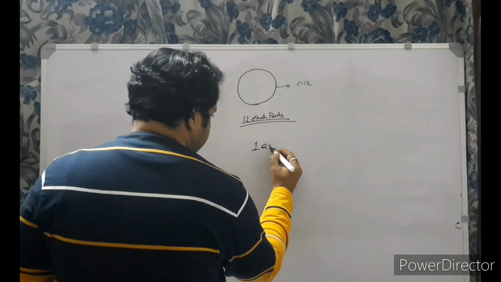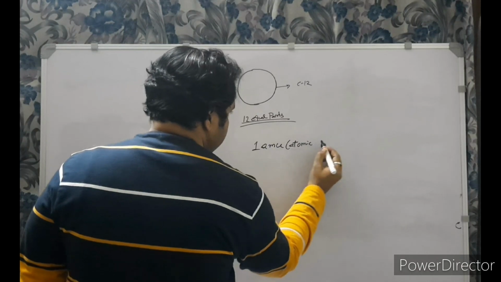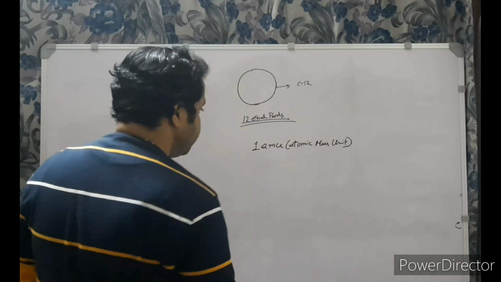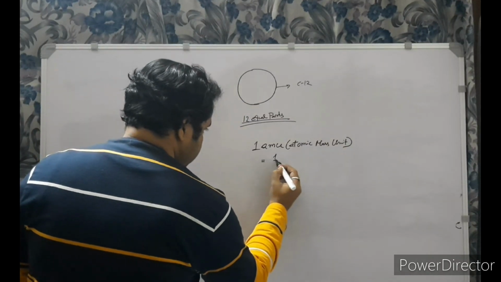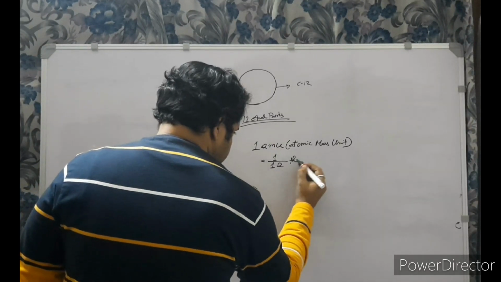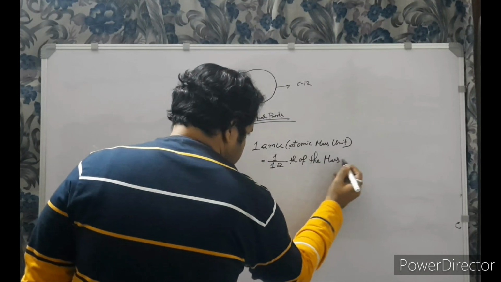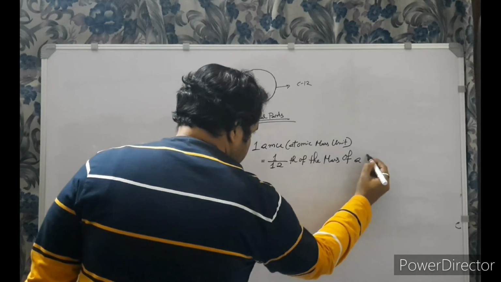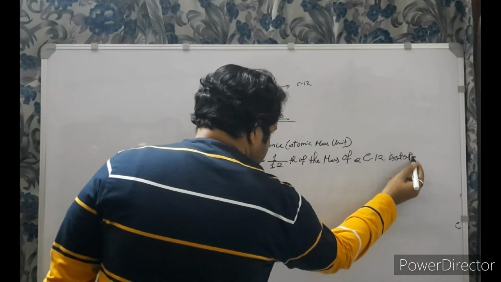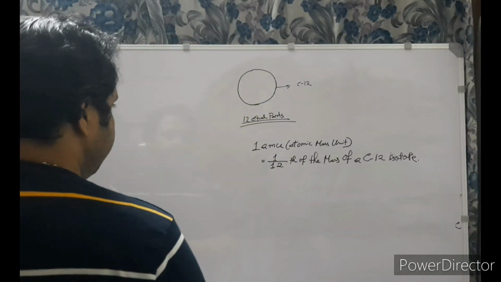So 1 AMU or atomic mass unit is 1/12 of the mass of a carbon 12 isotope, right?